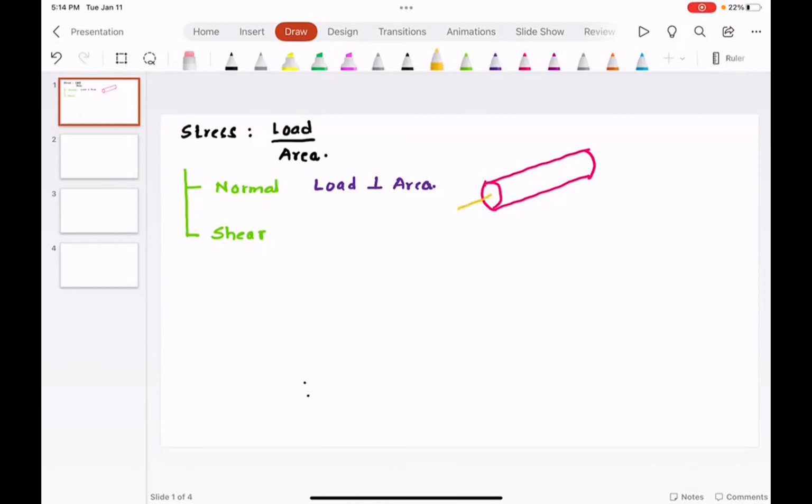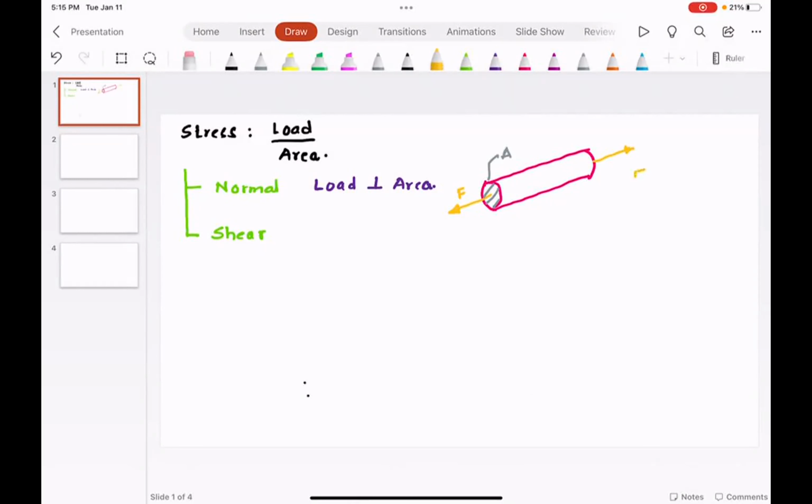And if you have a force, this is the force F, and this is the area A. As you can see, this force is perpendicular to area. That's why this is called the normal stress.